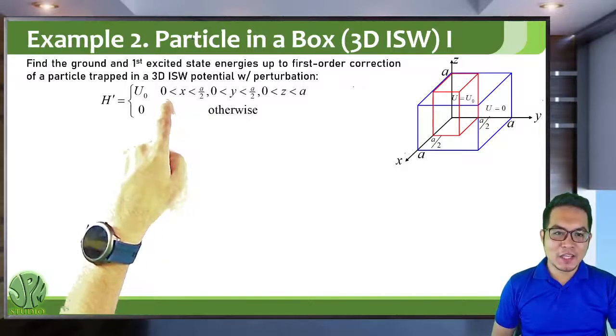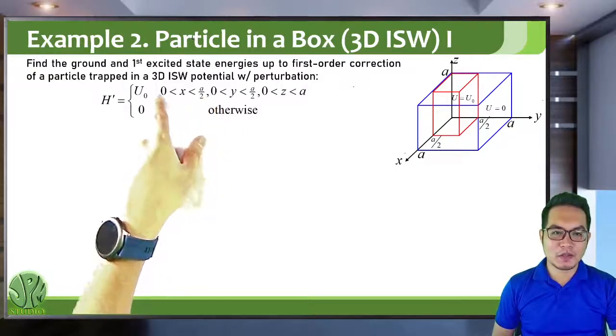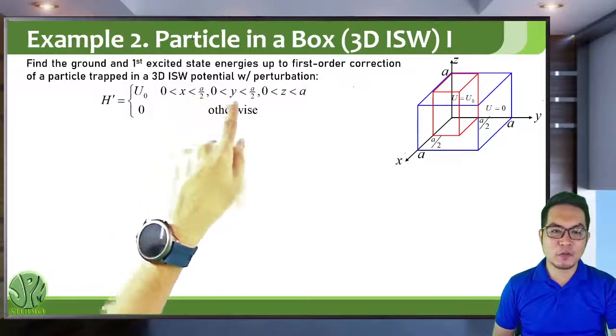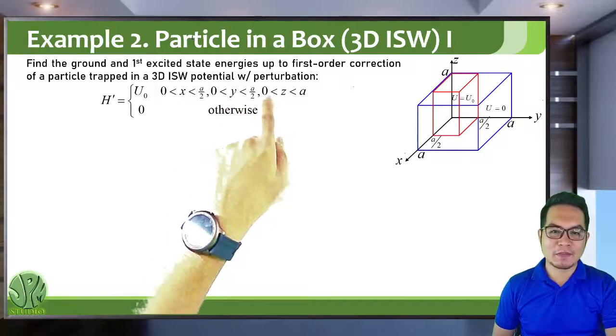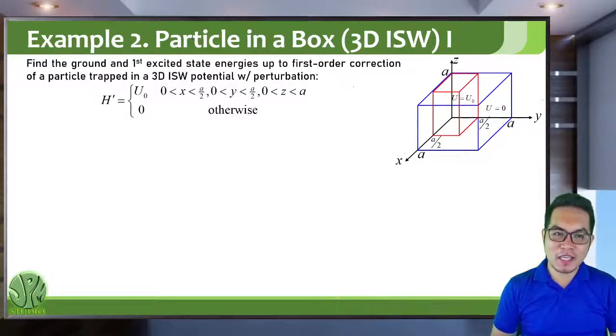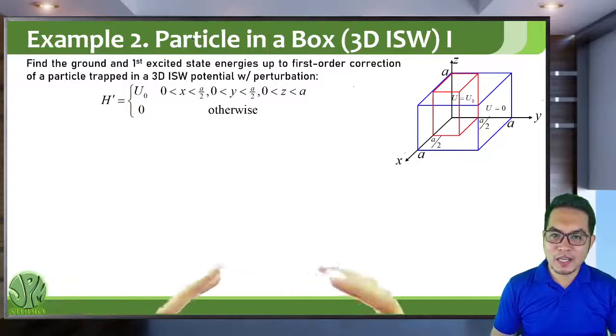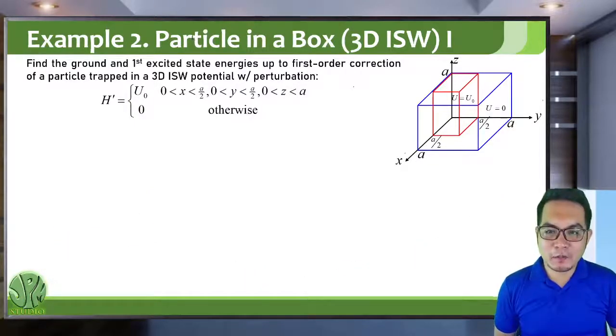So x from 0 to a over 2, and y from 0 to a over 2, and z from 0 to a. So basically 1/4 of our box has a potential of unit. In an unperturbed particle in a box problem, the potential inside is 0, and the potential at the boundaries is infinite.